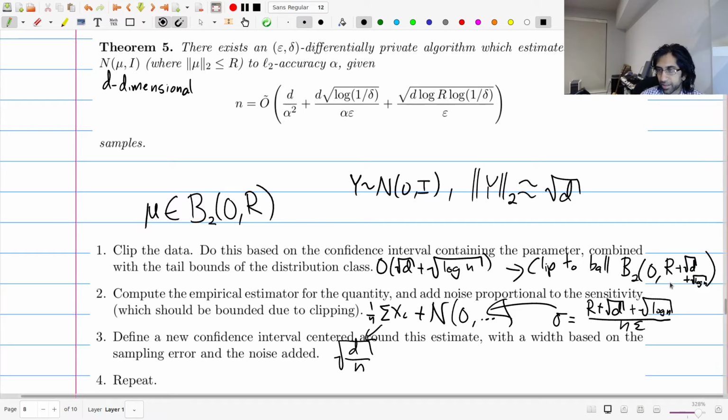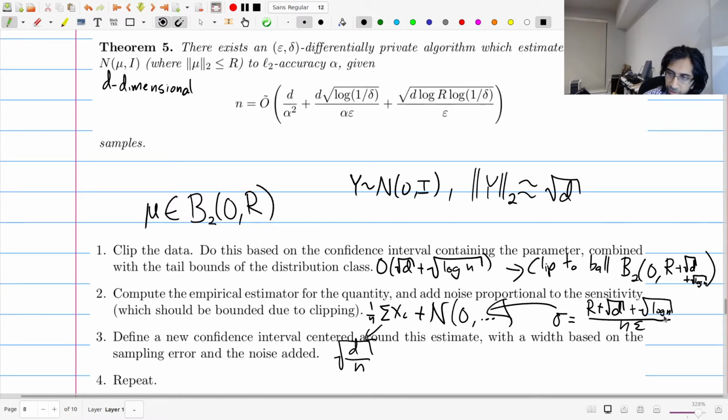This is just using the Gaussian mechanism. Since we're clipping to this ball, that incurs an L2 sensitivity of this much, so we need to add noise proportional to the L2 sensitivity, divided by n since it's normalized, and then epsilon is the epsilon term. We're going to ignore the deltas because it's simpler this way.